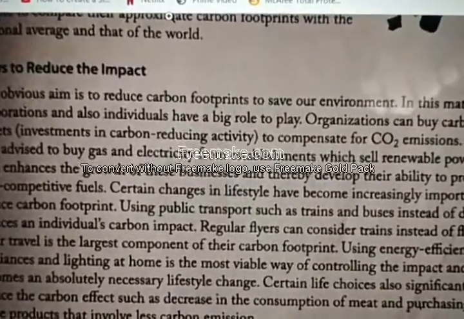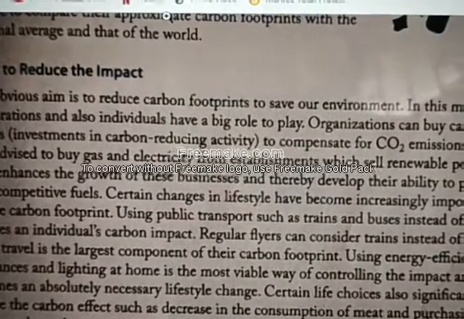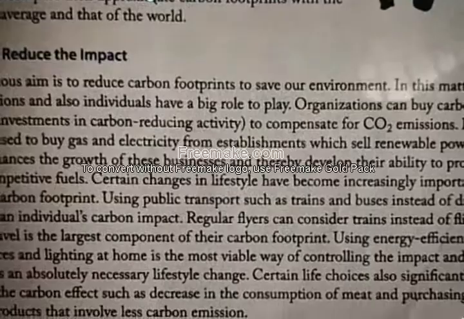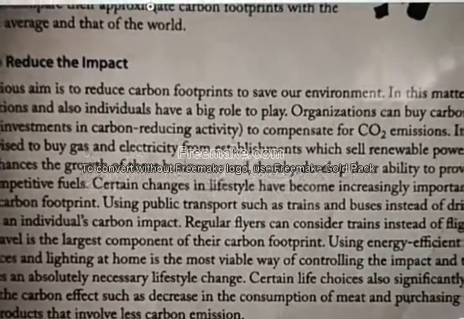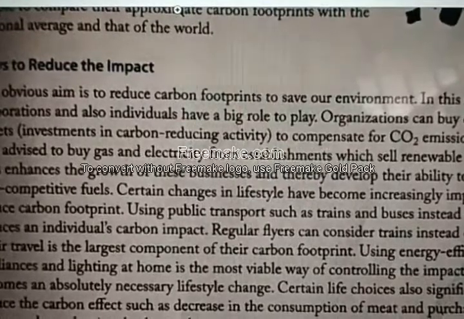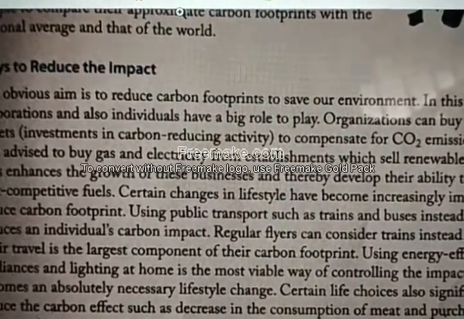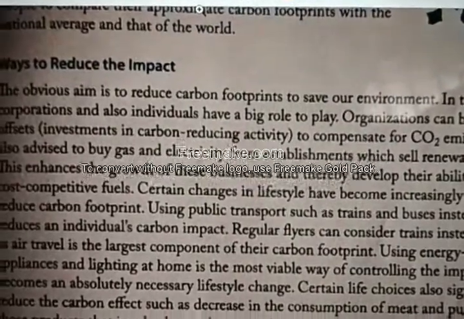Certain changes in lifestyle have become increasingly important to reduce carbon footprint. Certain lifestyle changes should also be implemented to reduce the carbon footprint. Using public transport such as trains and buses instead of driving reduces the individual carbon impact.